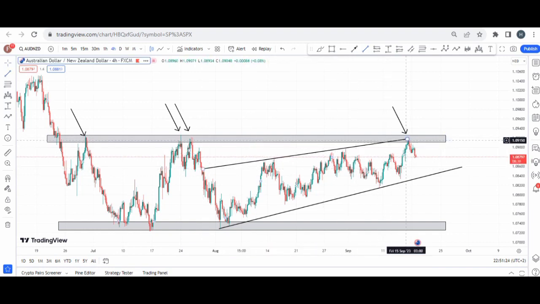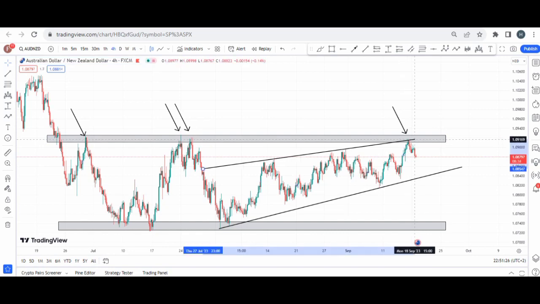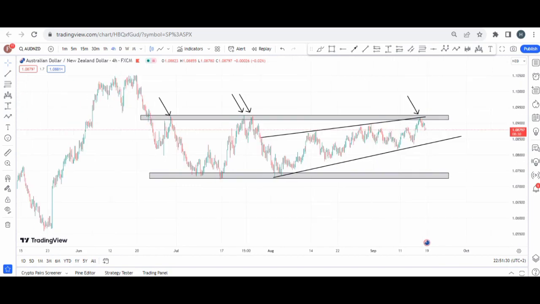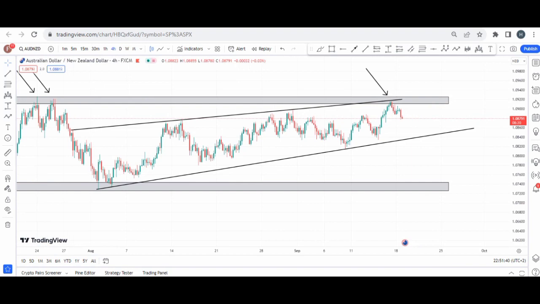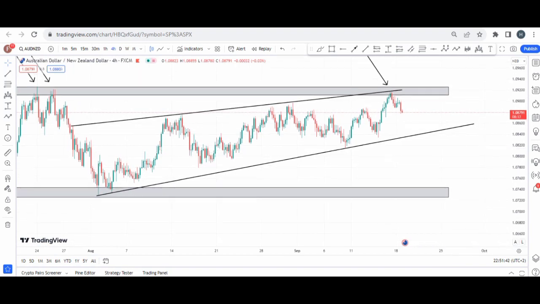Remember, guys, we don't simply trade these trend lines, we just use them for confluence and for pattern identification, because you understand that the market will move in patterns. So this is the structure that we have, and let's zoom in and see what we have as well.